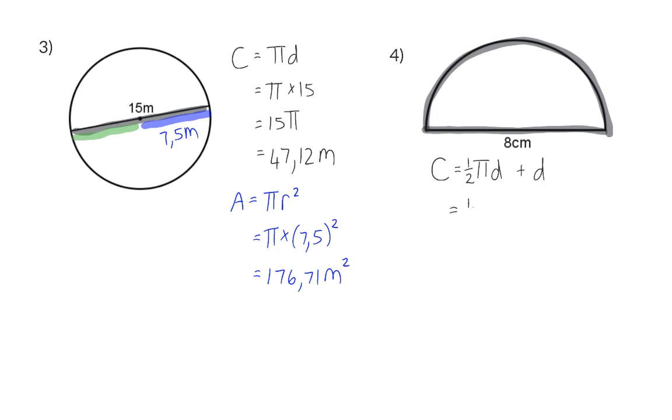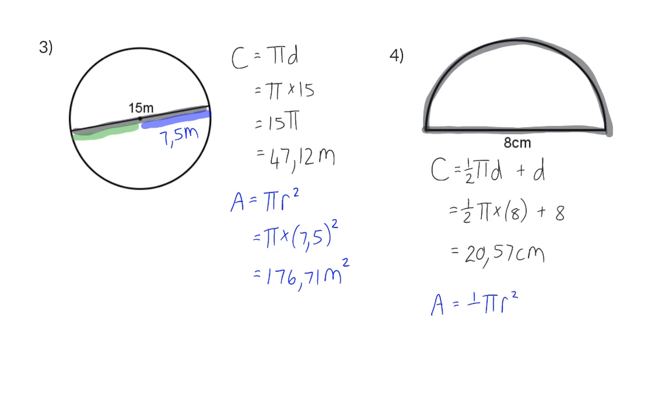So here we'll have a half times pi times the diameter of 8, and then still add another diameter of 8. Rounded to 2 decimals, this will give us 20,57 centimeters.